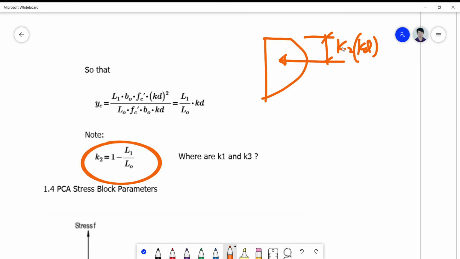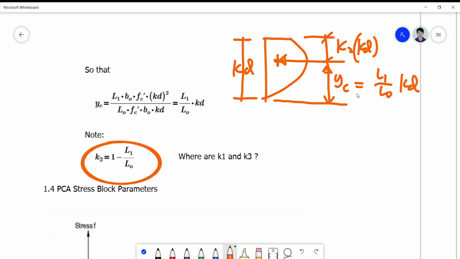K2 is the percentage of the depth from the compression fiber defining the centroid of your curve. And yc is k2 kd, which is simply L1 over Lo of kd.